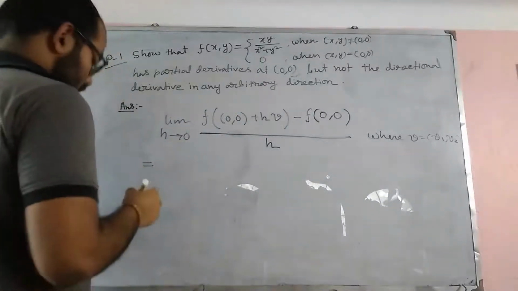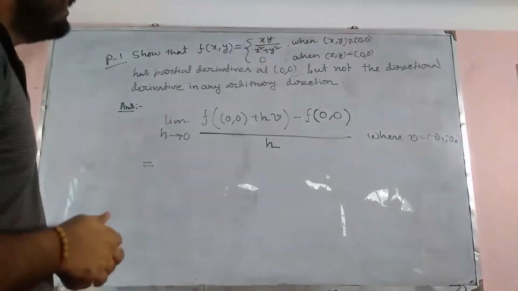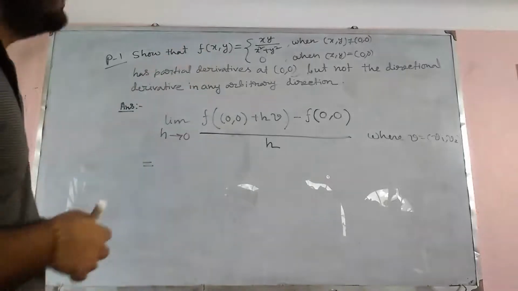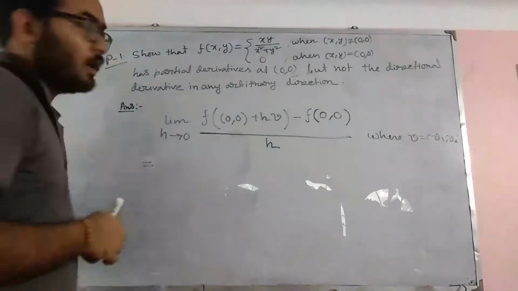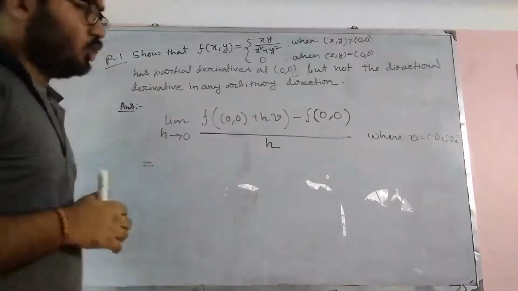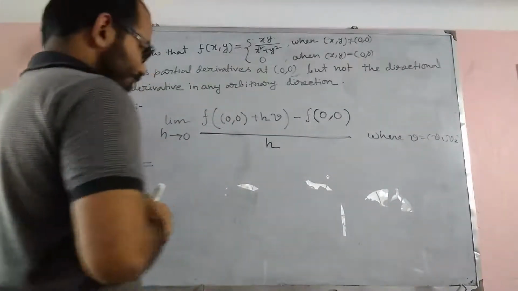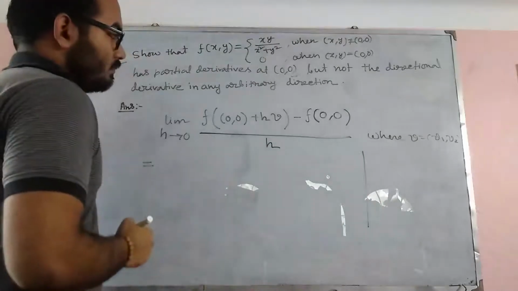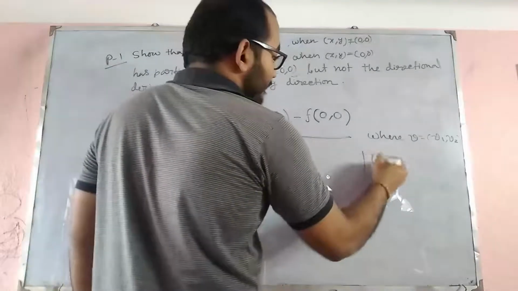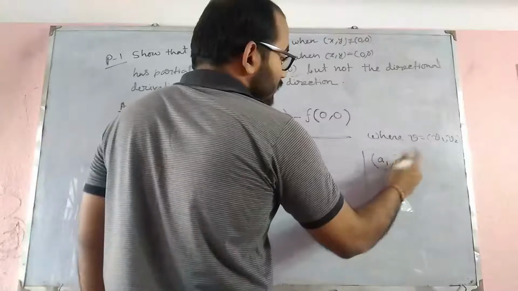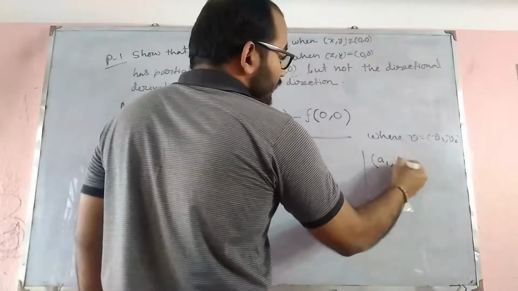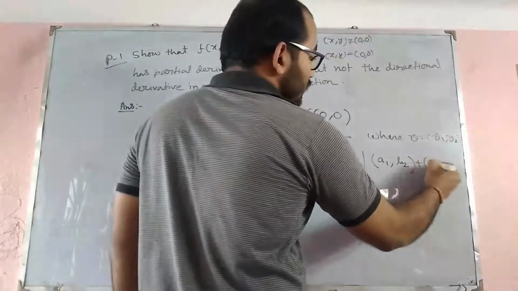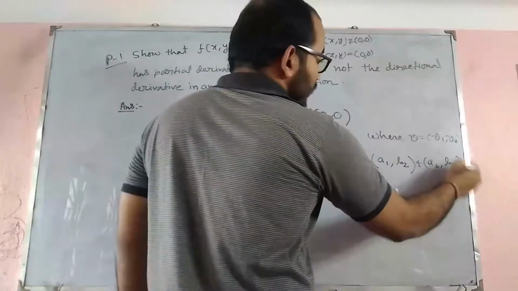Now see, since these points are lying on R2, the operation between two ordered pairs in R2 is this.